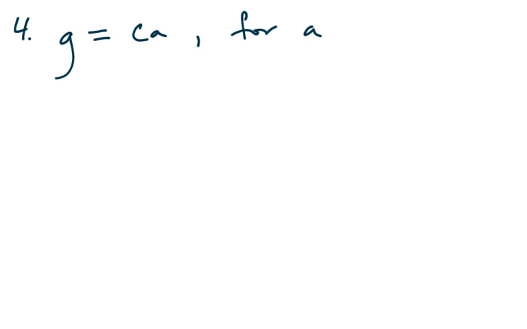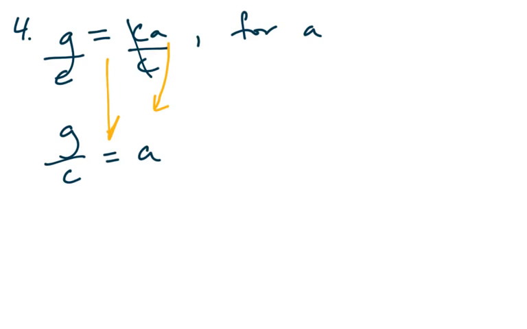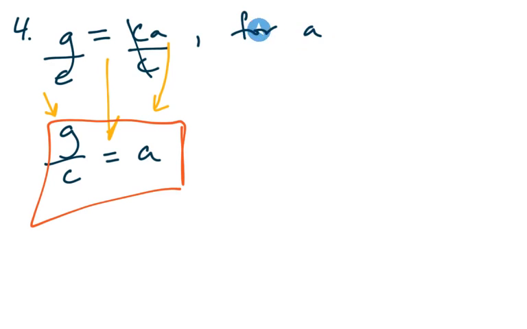We just want to get it into a form where it's solving for A. And it's going to be just one step. I'm just going to divide by C on both sides. And I'm going to get G divided by C equals A. And that is our final answer, because now I'm solving for A.